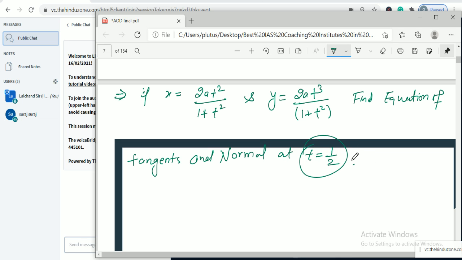This is our point. So try this question. Here we need partial differentiation to find out dy by dx. Try to solve this question. Take your time. Just take 1 minute and try to find this answer.